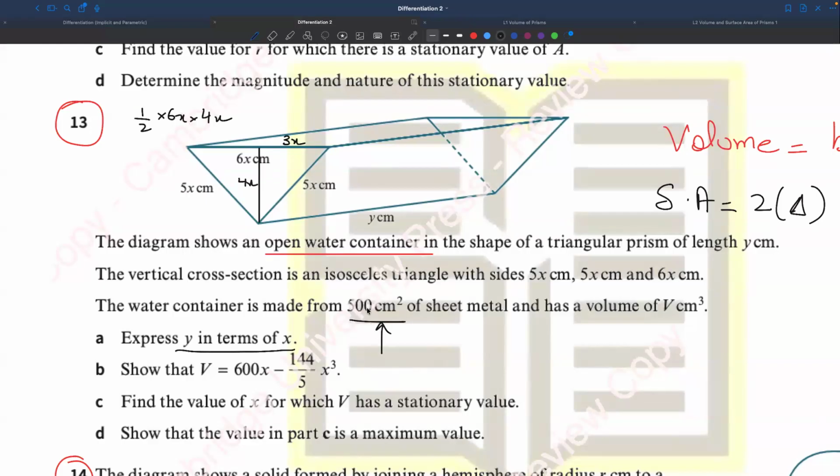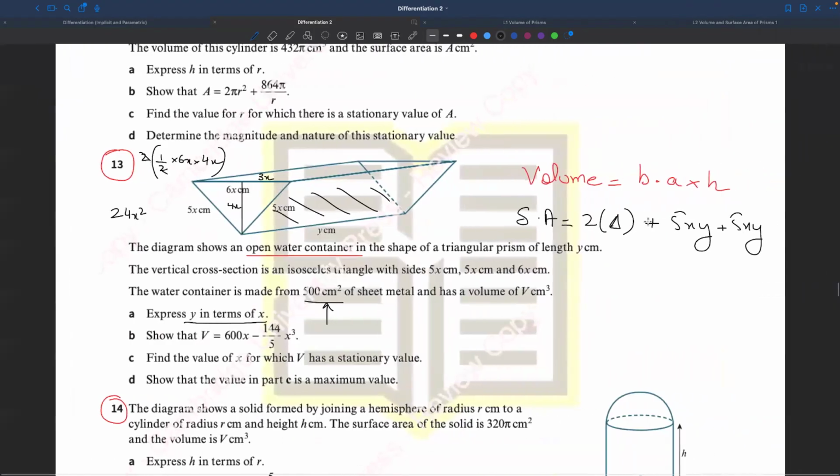Okay, so when it says the water container is made from this, it means this is the surface area, right? So the area of a triangle is half into 6x into 4x. You multiply this by 2. So 2 cancels, 24x square. The area of this rectangle we just learned, it was 5xy, 5xy. So can I say 10xy plus 24x square is equal to 500?